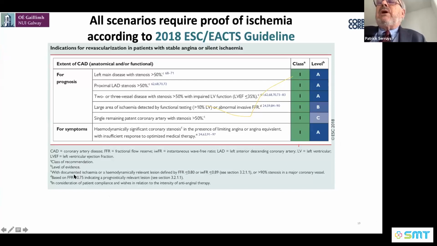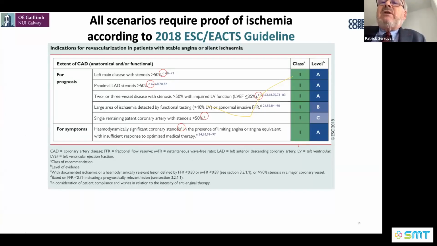Now, if we look at the 2018 guideline of the European Society of Cardiology and AACS, what is required as proof of ischemia? In the left main, everything is 1A, recommendation class 1, documented by randomized trial.